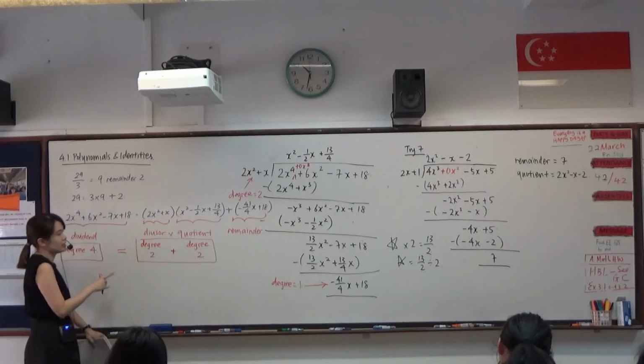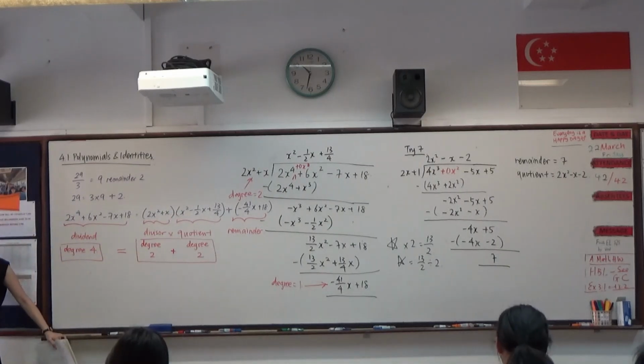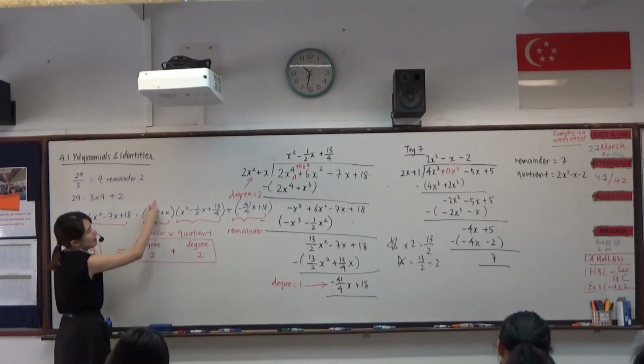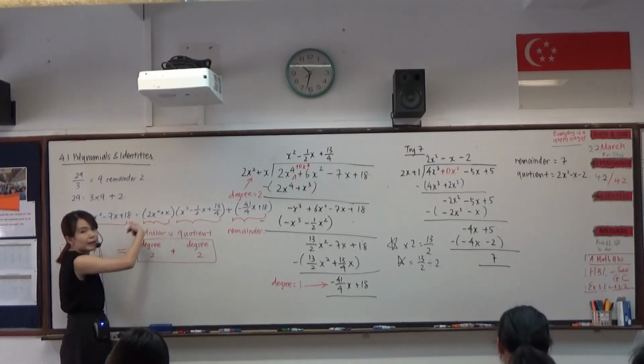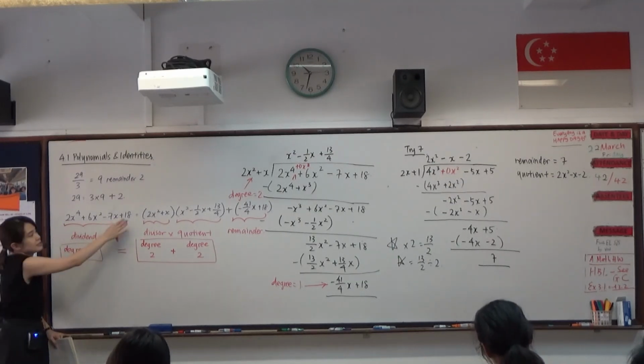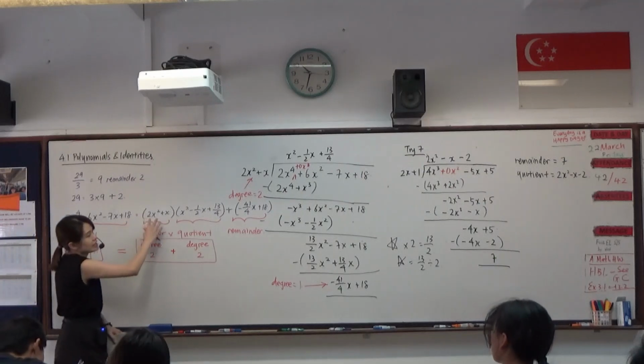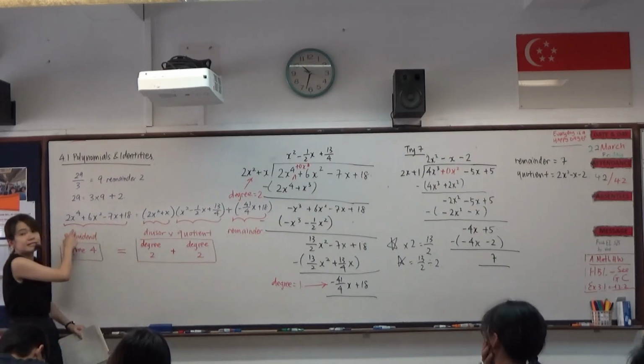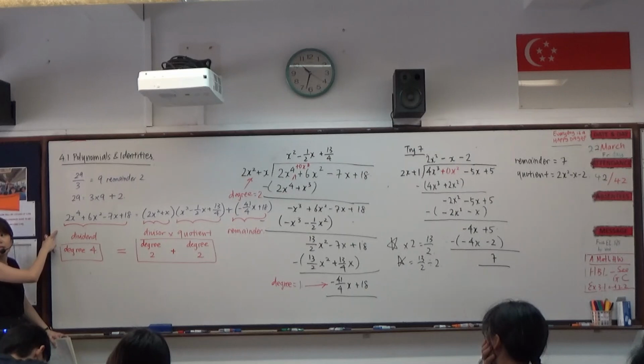The highest powers when they add up must equal degree 4. Why? Because when I do my expansion and simplification later on, it must get me back to this. I'm saying that they are equal.